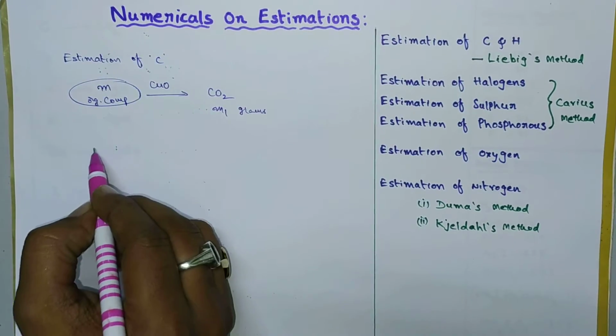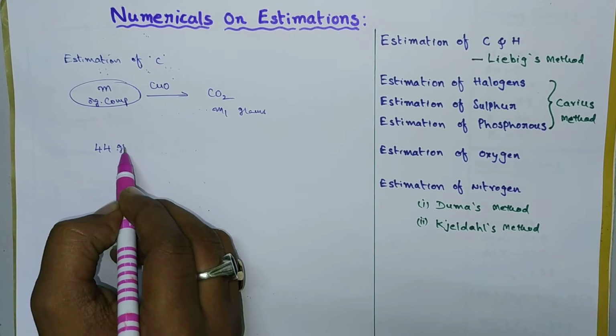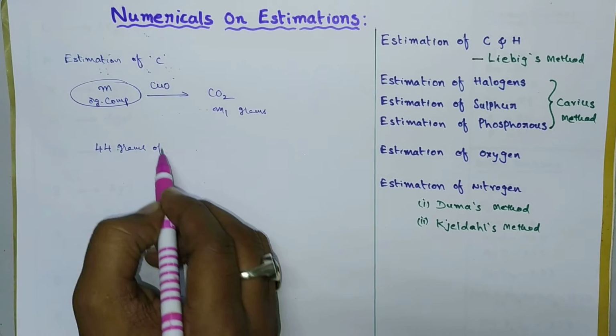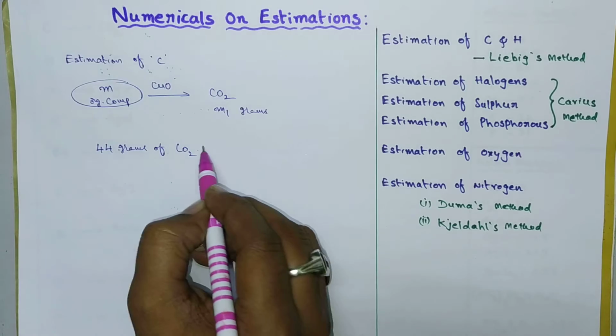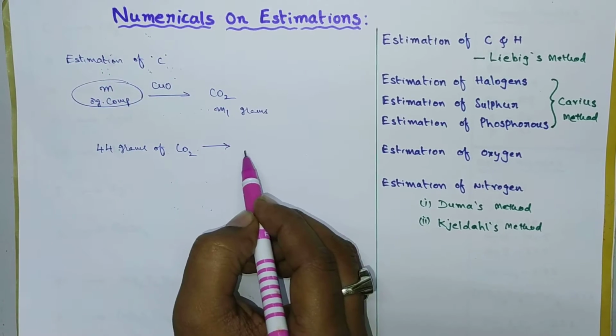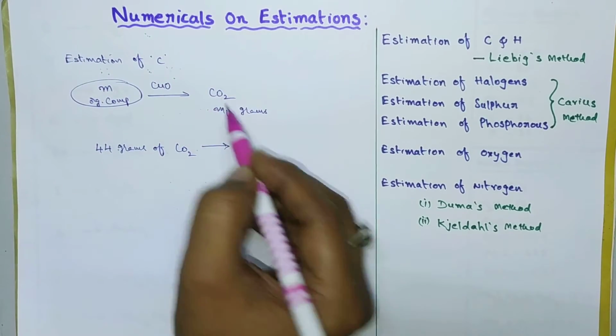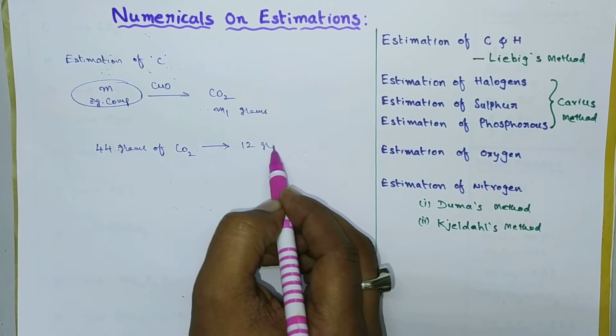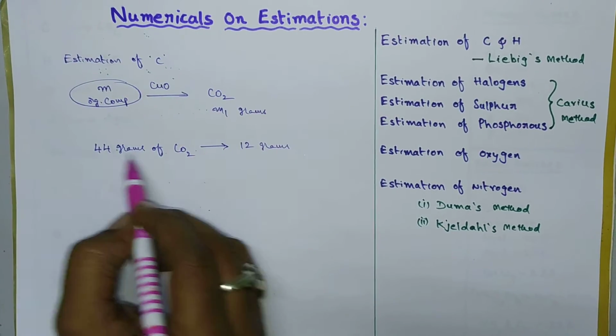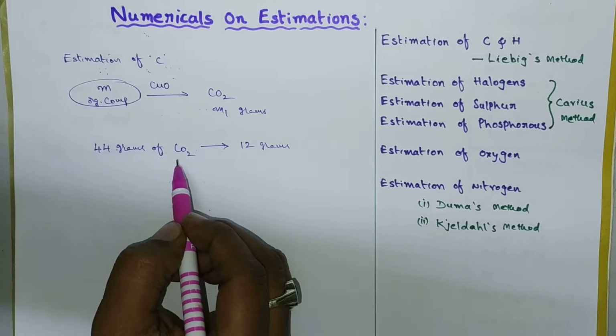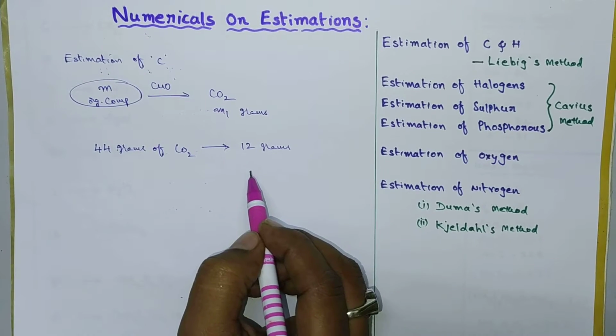So 44 grams of carbon dioxide gas consists of 12 grams of carbon.